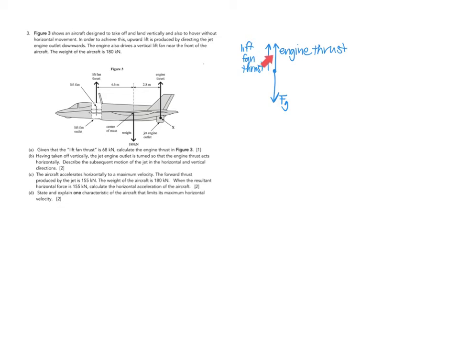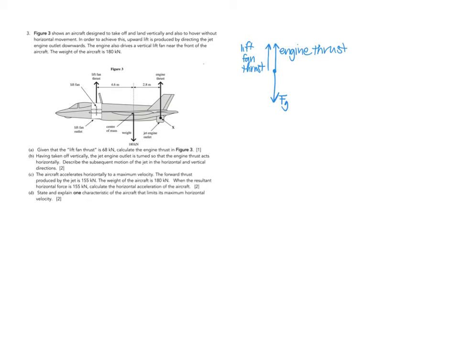And what I have now is definitely more magnitude of force in the up direction than down. So technically, as I've drawn it right now, my airplane would actually accelerate upwards.